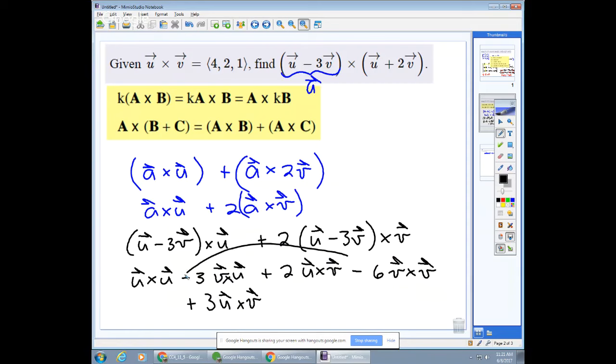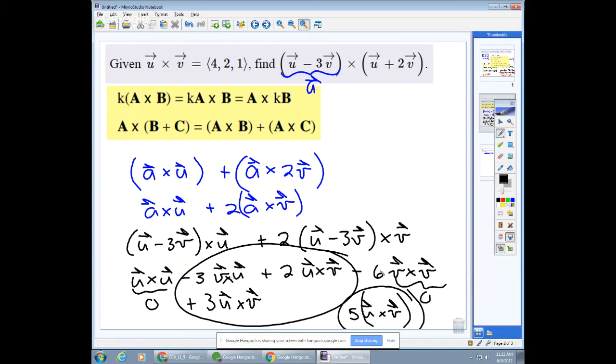So then these two in the middle combine to 5 times U cross V. And when you try to cross a vector with itself, you get 0. So these guys are just zeros there and there. So we could use some vector arithmetic and show we get 5 times the original cross product.